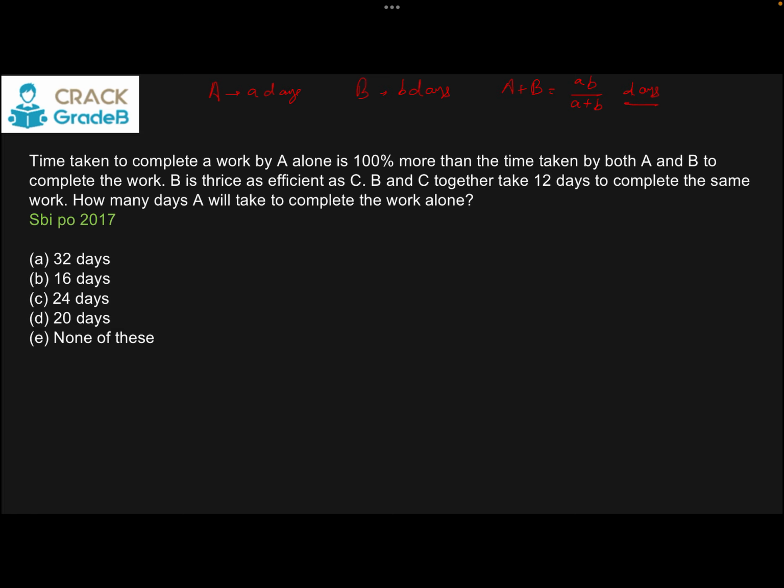This is what we saw in our previous video, that if A does a work in A days, B does a work in B days, together A and B, they take AB upon A plus B days. Now they are saying the days of A are 100% more than the days taken by both together. 100% more means 2 times.